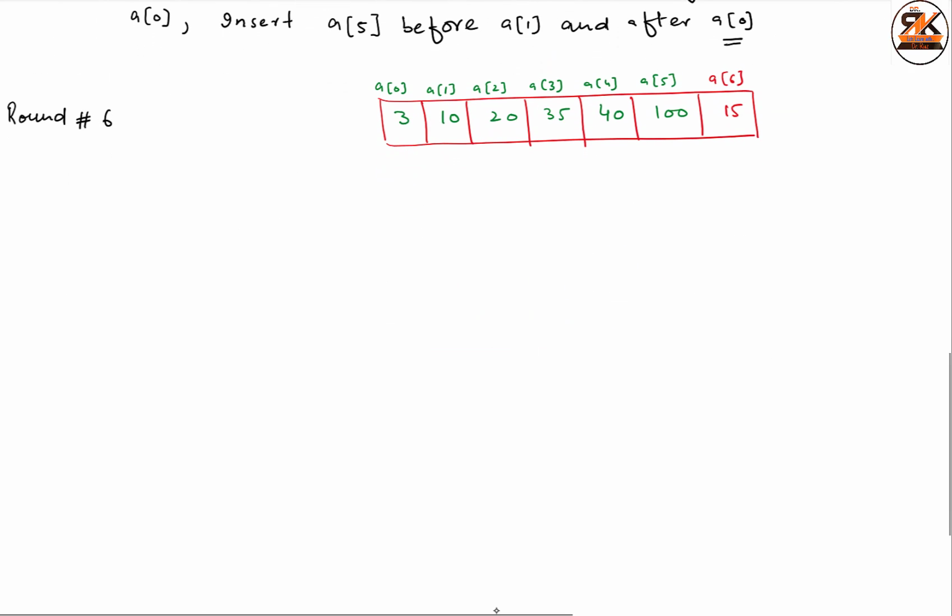Now in round 6, the next element is taken out of the unsorted list, and that is 15, and 15 is written here. This element is compared with the elements in the sorted sublist, that is, it is compared with the element at position A5, A4, A3, A2, and the element at position A1.